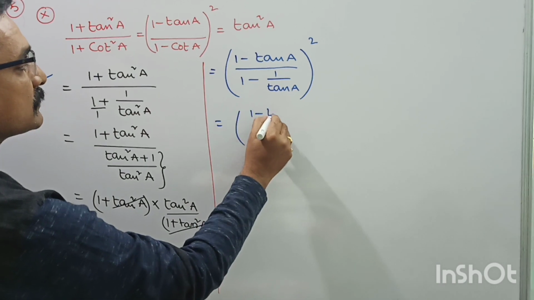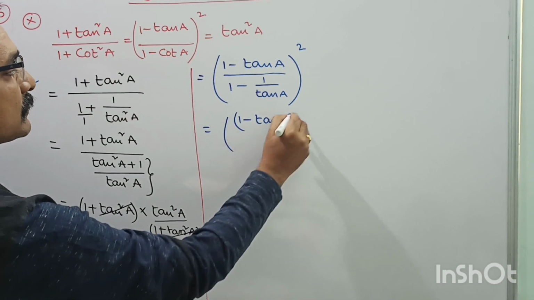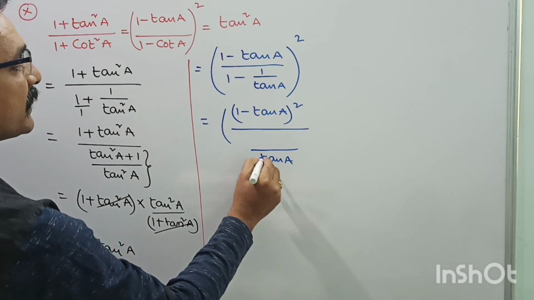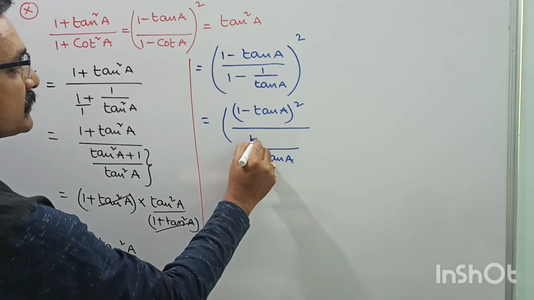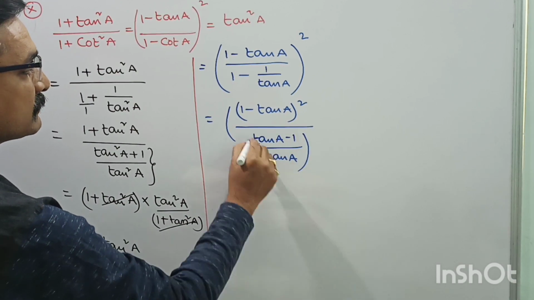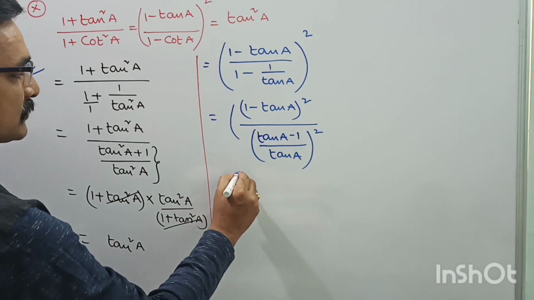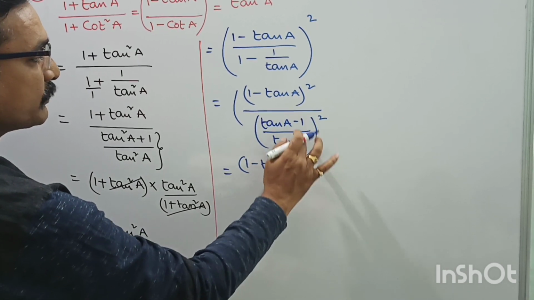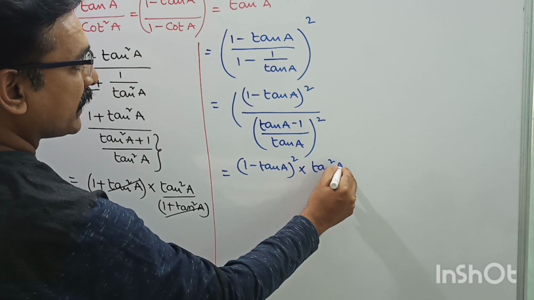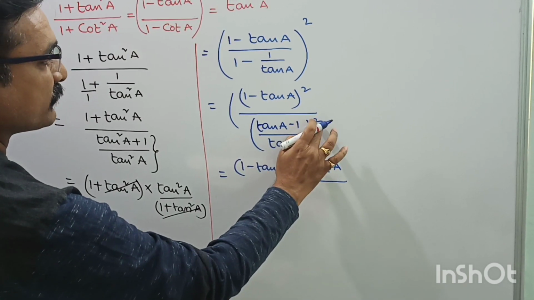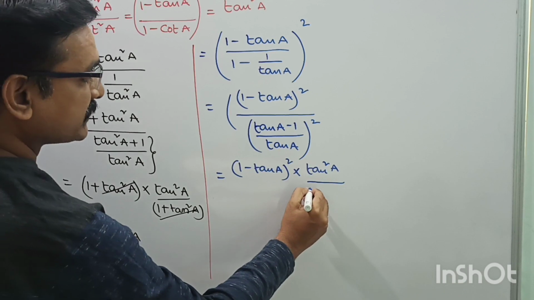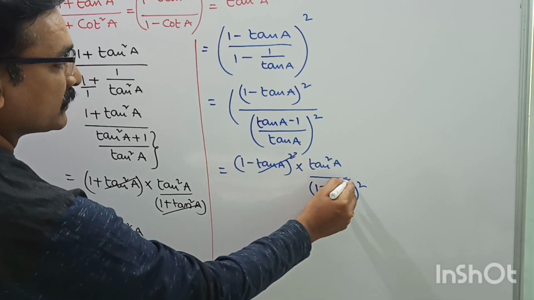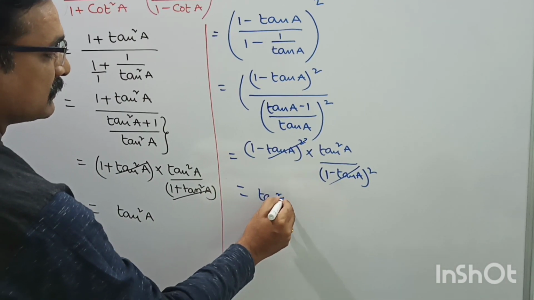Now separate the terms, (1 − tan A) whole square by the denominator, find the LCM tan A, and we can write this one as (tan A − 1) whole square. So now the numerator (1 − tan A) whole square into the reciprocal of this fraction, we can write here tan²A by (tan A − 1) whole square or (1 − tan A) whole square. We get the same result, so we can write this one as (1 − tan A) whole square. Both get cancelled. Answer is tan²A.